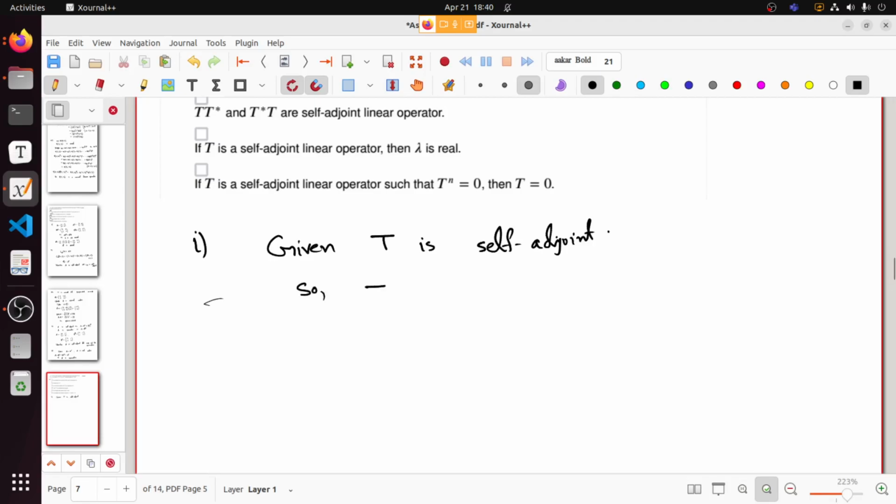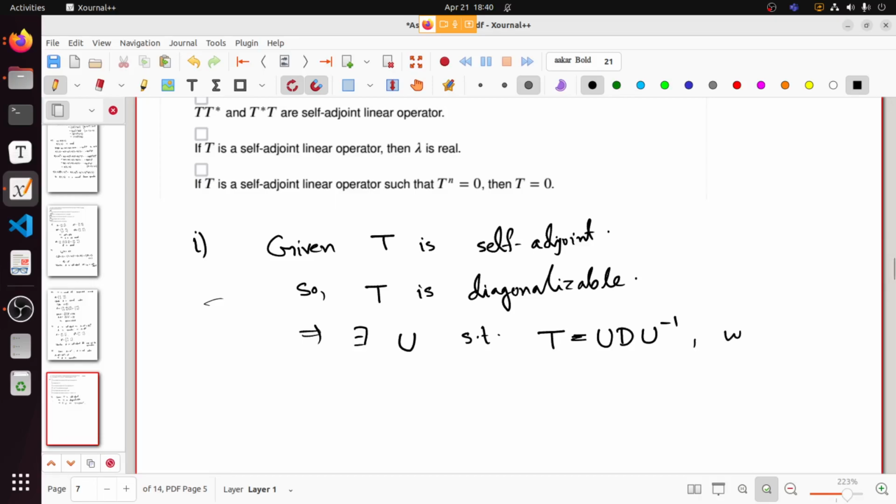So T is diagonalizable, which implies there exists a unitary matrix, or an invertible matrix you can say, U, such that, means there exists an orthonormal basis in which T can be written as a diagonal matrix. That basis, if you write it in matrix form, will be called U. Then T can be written as U D U inverse, where D is a diagonal matrix.